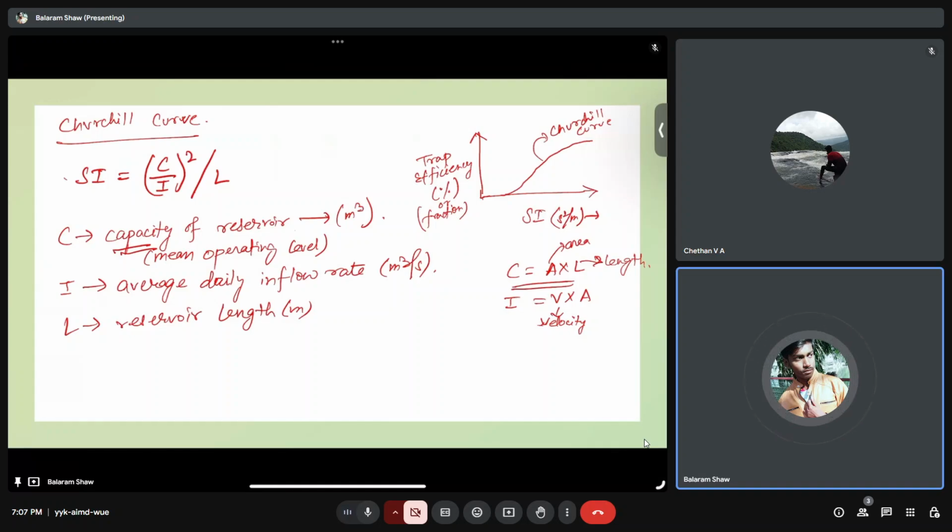So using this SI, we calculate E reservoir. E reservoir is the reservoir trap efficiency which we are looking for.